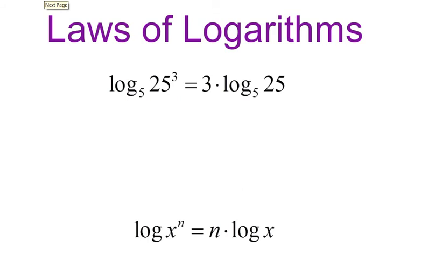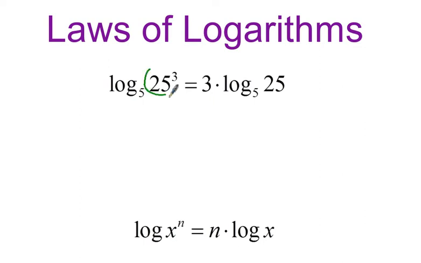Okay, a little bit of background before we get started. The approach that I'm going to show here relies on knowing the laws of logarithms. So let's just take a brief moment to review one particular property about logarithms. Okay, so the logarithm is really about finding the exponent that gets you to a particular number.